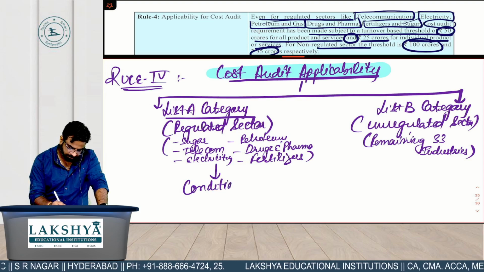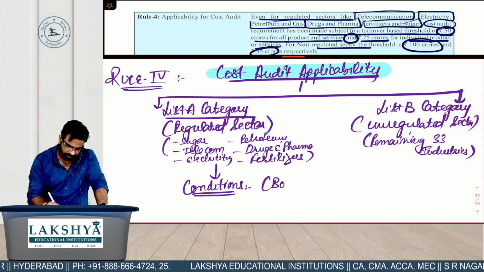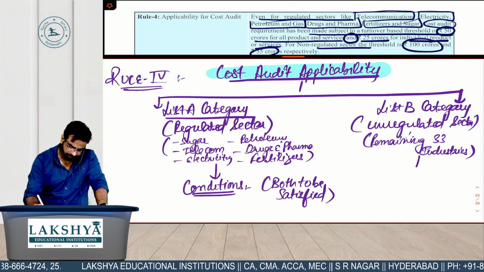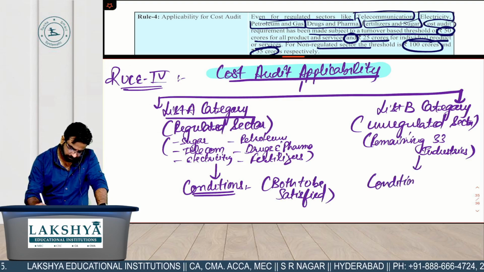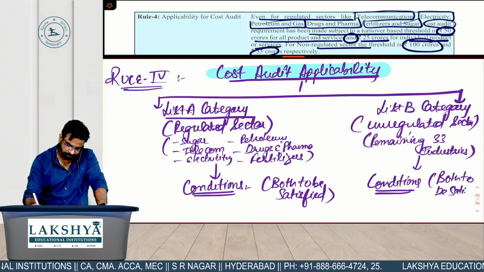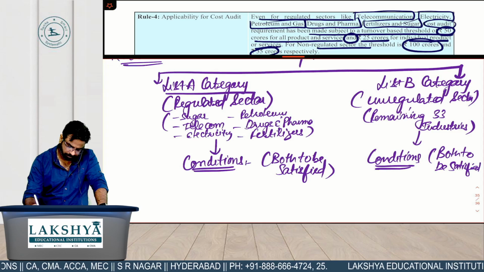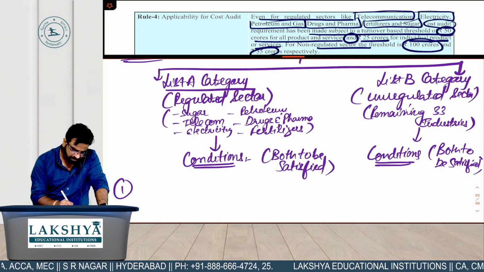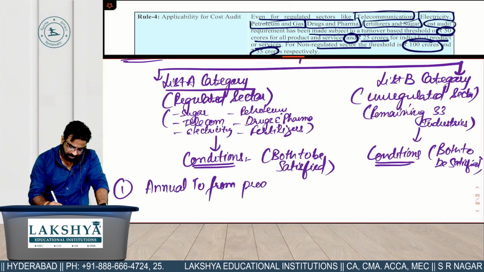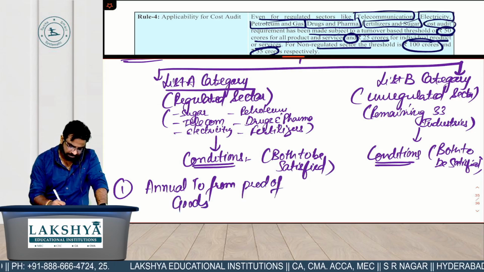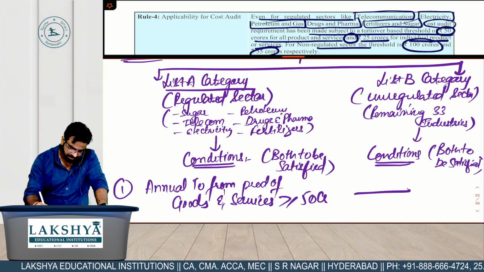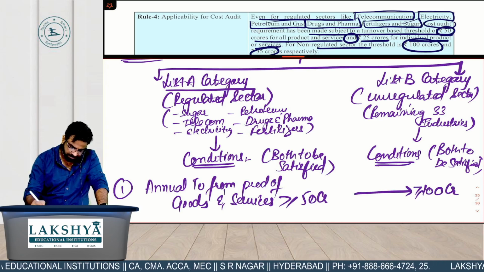Conditions to be satisfied. Condition 1, annual turnover from production of goods and services should be greater than or equal to 50 crores, and here it is 100 crores.